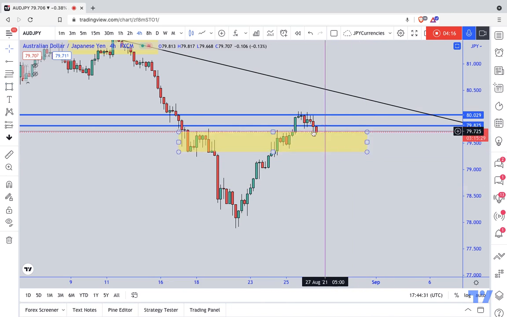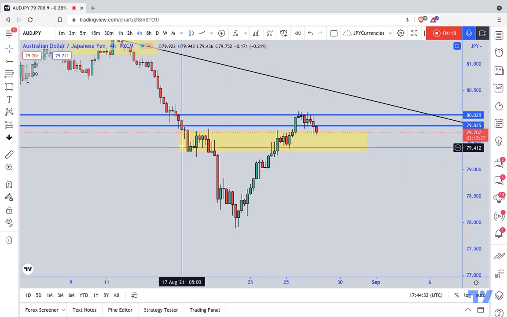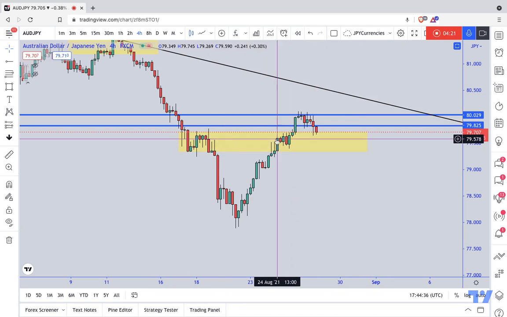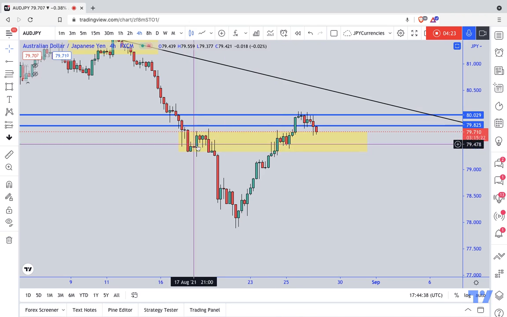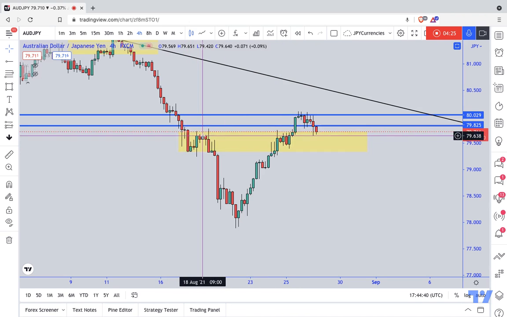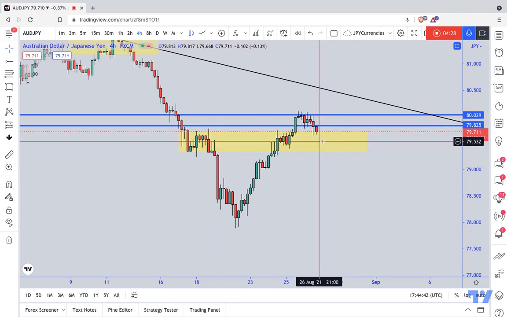The Aussie is receiving support from this zone, as it was a resistance. It was support, resistance, and now it's support.